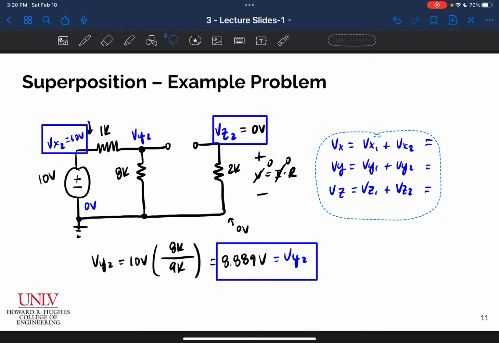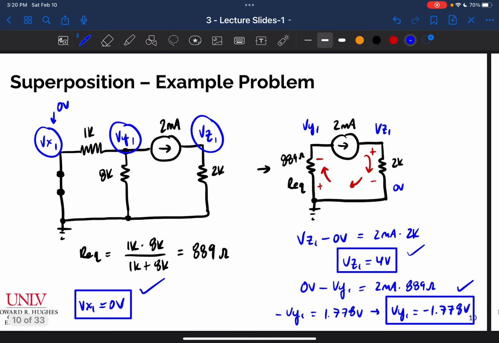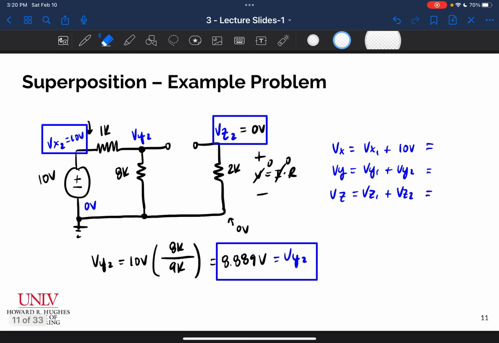So let's go ahead and do that. Let me just start erasing stuff. VX2 is 10 volts. VX1 was 0 volts, okay? So that means that VX is 10 volts.